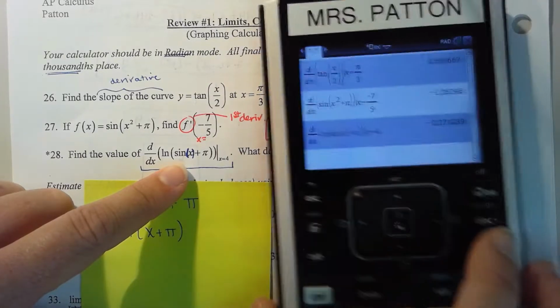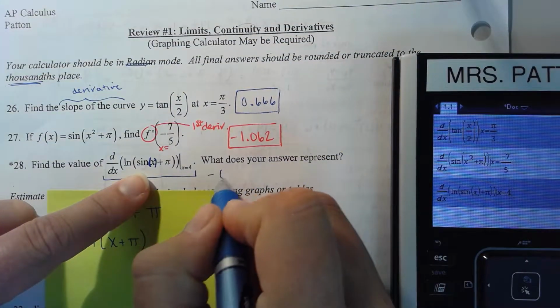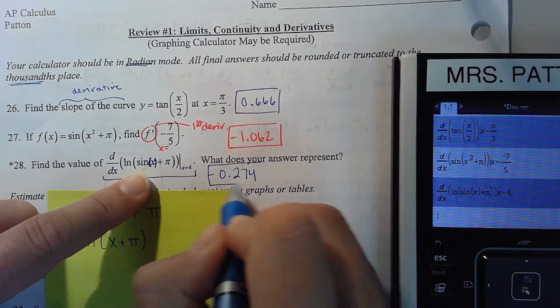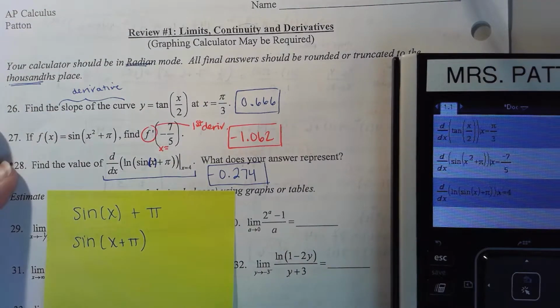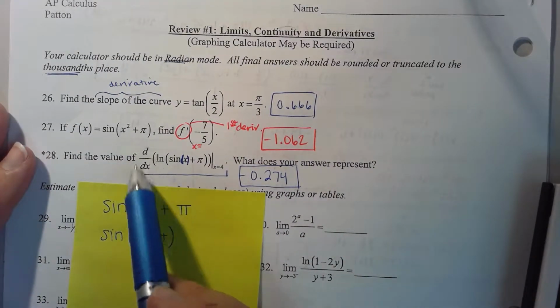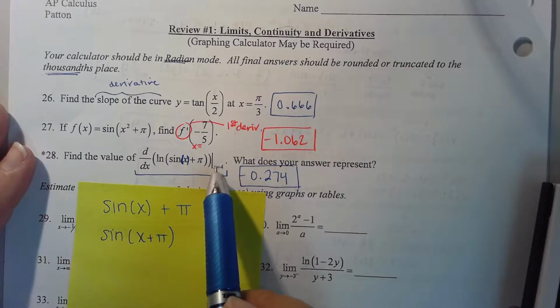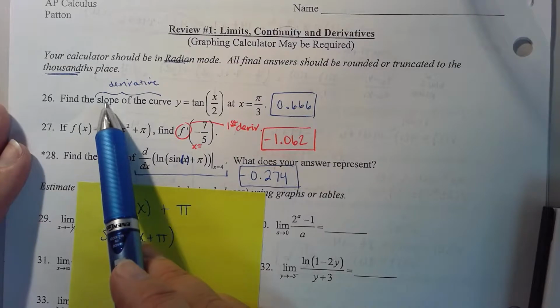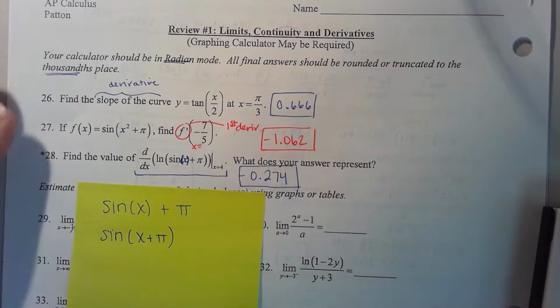I'm going to go write that down. 274. And it says, what does your answer represent? Well, we just found the value of the derivative when x equals 4. The derivative gives us the slope of the curve at that point.